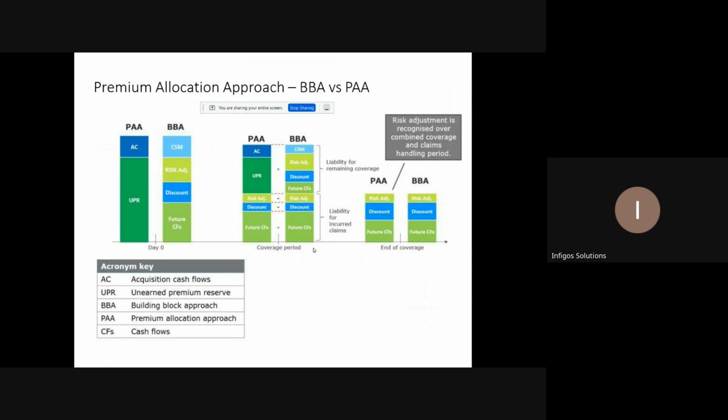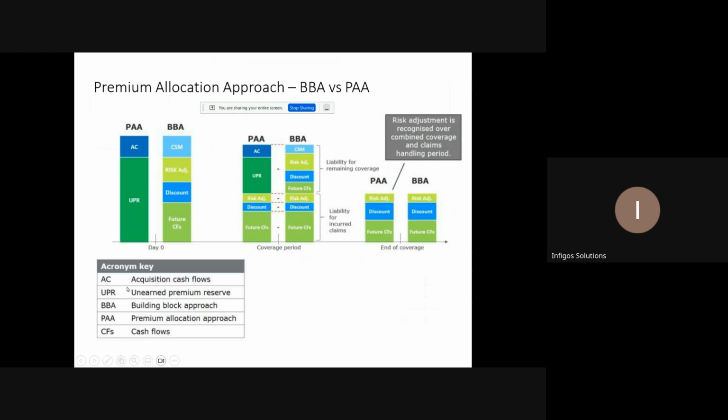So if you compare this one, like I mentioned, liability for remaining coverage is simplified. This is very similar in nature to IFRS 4. This is IFRS 17, but liability for incurred claims, which is the past claims, is exactly the same thing.